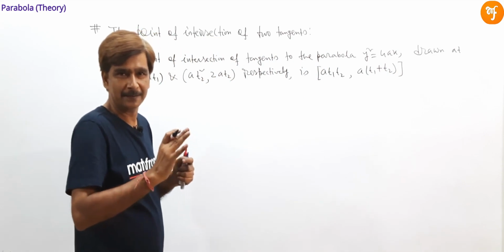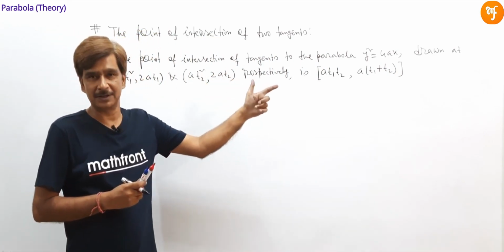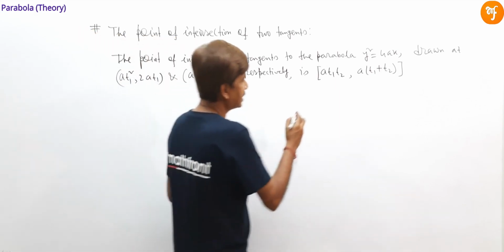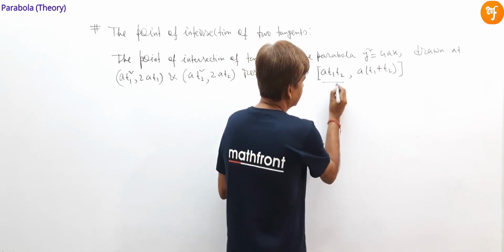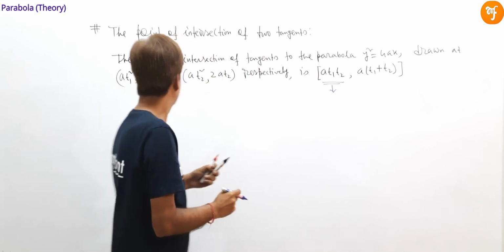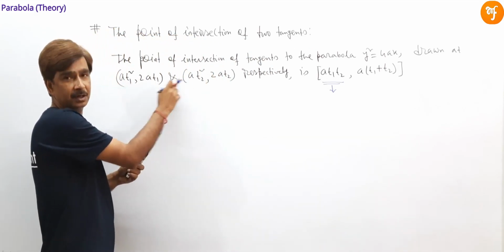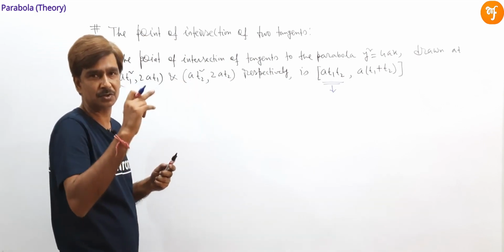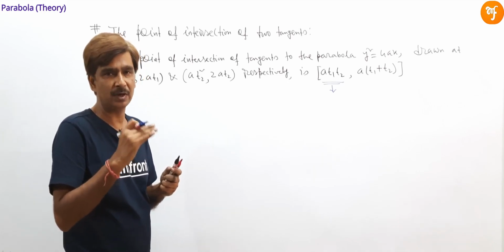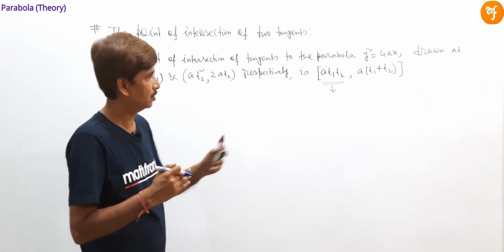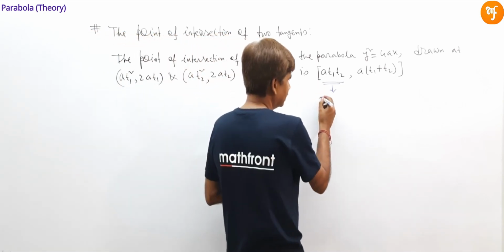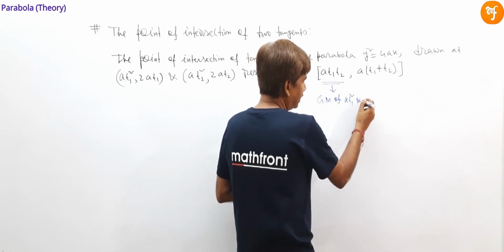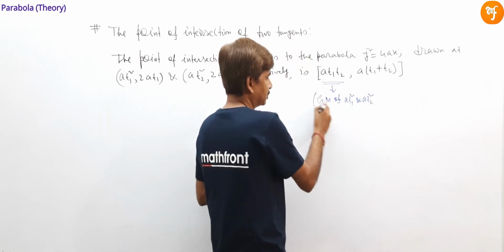Okay, clear? To remember this point of intersection, we can use a very good trick. The x coordinate of the point of intersection is just the geometric mean of the x coordinates of the points of contact. Look, the geometric mean of at1 square and at2 square is the square root of at1 square into at2 square. That will be at1t2, which is this.